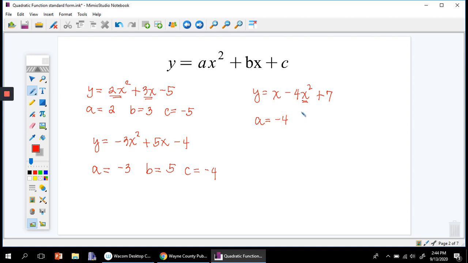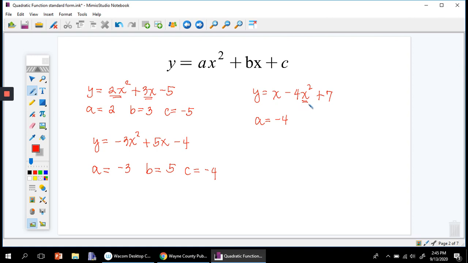Sometimes the function is not written in descending order. When you say descending order, that means from the leading term, or the term with the highest exponent, up to the constant term. So in this case, the function is not written in descending order. So be mindful of the exponent of the variable.